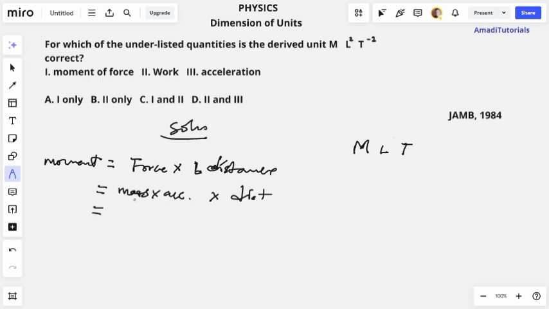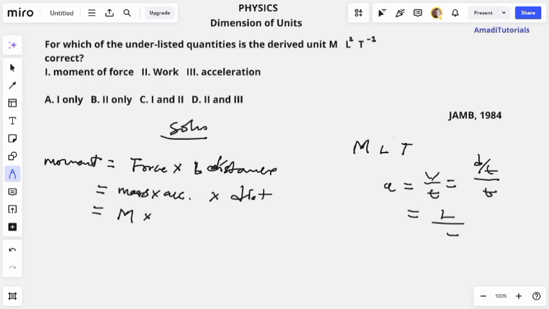So mass here, its dimensional unit remains m. Then acceleration A is defined as what? Velocity over time. And velocity on its own is defined as what? Displacement or distance over time. Then another over time. So the dimensional unit for distance is what? Length. Distance is a length, and time remains time.